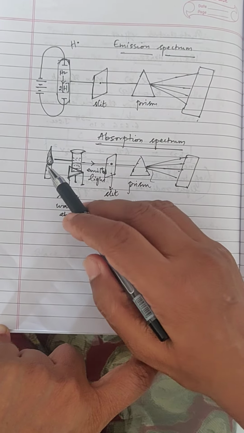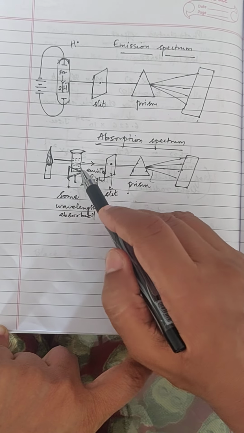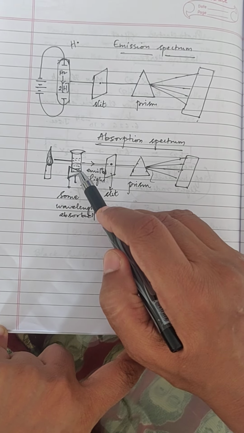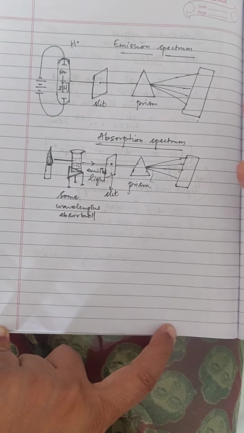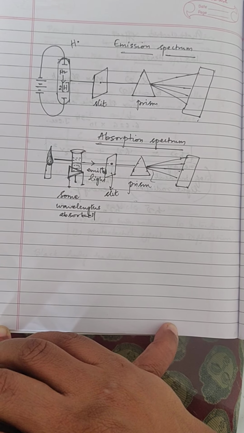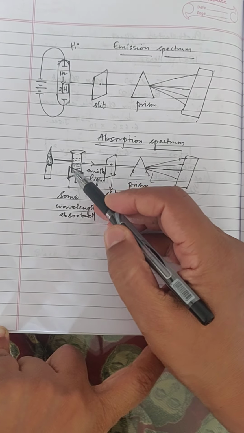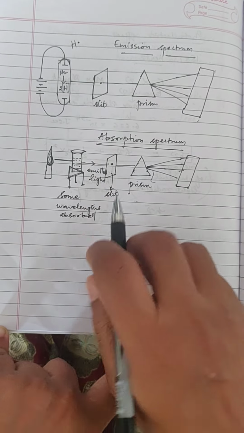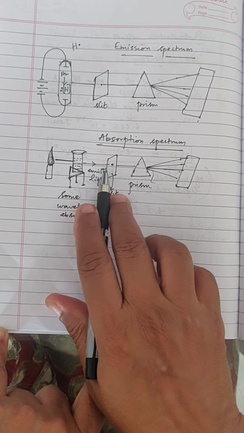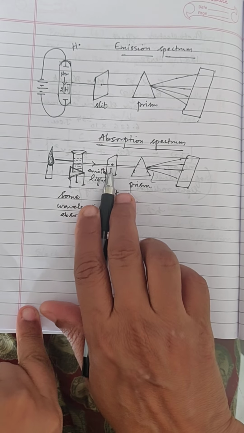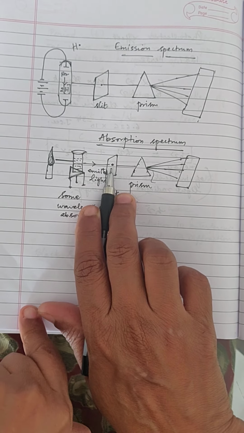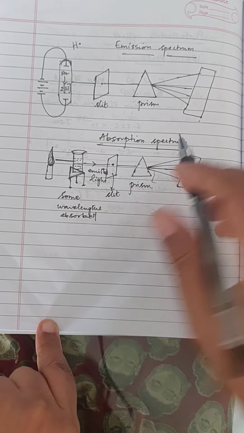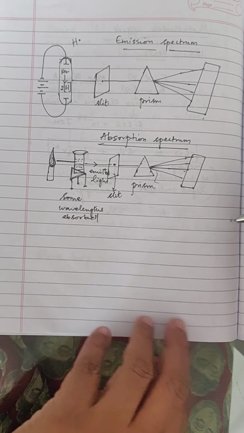Some of them will be absorbed, some of them will be released. So some wavelengths have been absorbed by the substance. Now whatever is not absorbed will come out, will get transmitted, and that is passed through a narrow slit onto a prism, and you get a spectrum of colors.